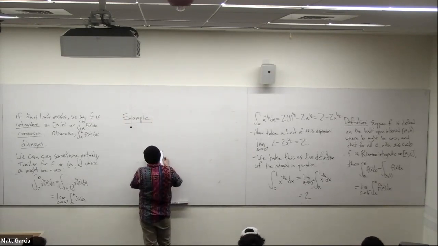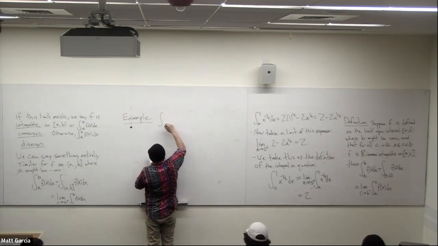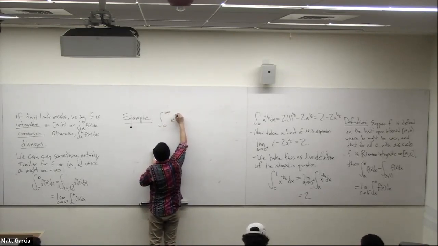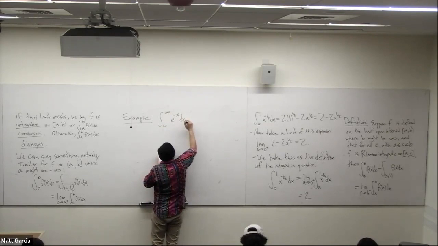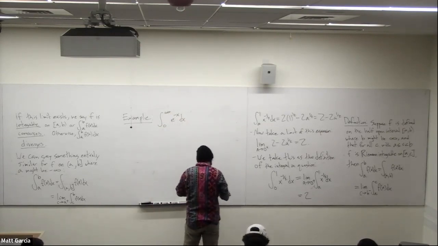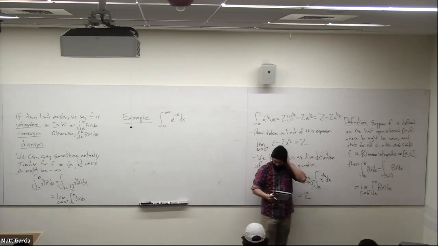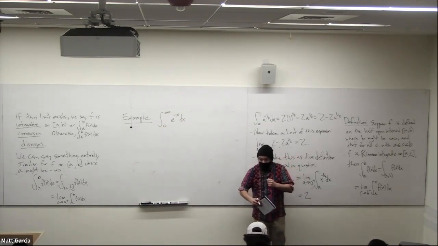Why don't we try to integrate the integral from 0 to infinity of e to the negative x dx. Okay, so what should we do?